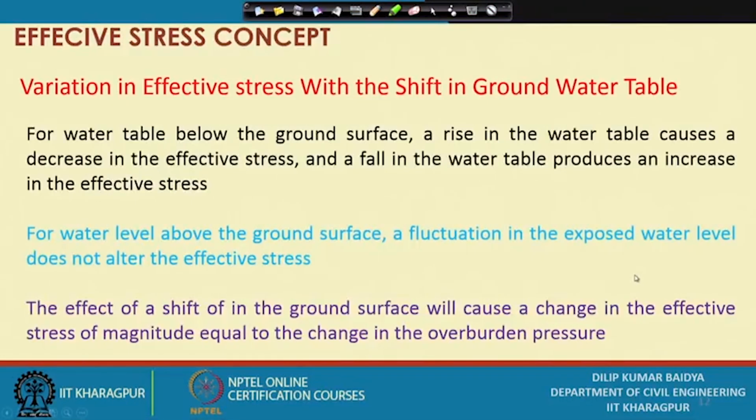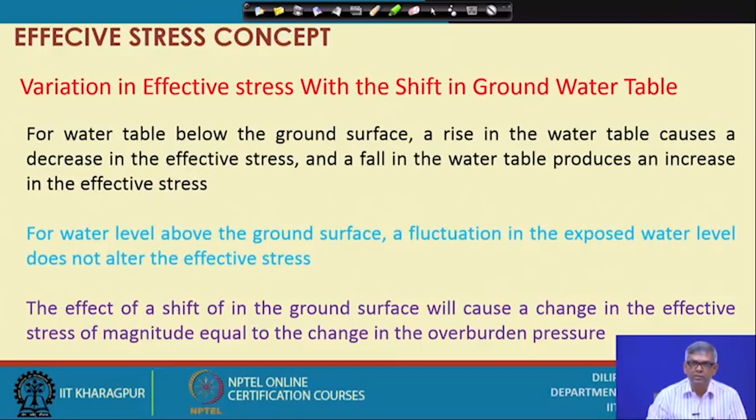Now, the variation in effective stress with the shift in groundwater table is what I have mentioned: the effective stress will change with the variation of different things, and water table is one of the most significant parameters.